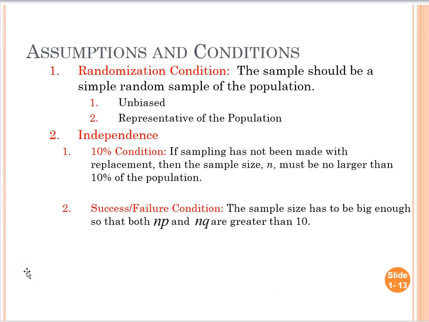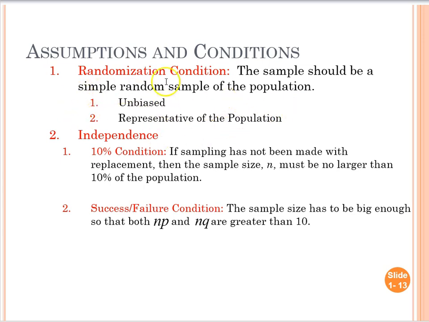We did make some assumptions, however, in using the normal model, and these assumptions are here. First, we assumed that we have randomized the data, so we've got a representative sample of the population when we sampled. That means it has to be unbiased and representative of the population.